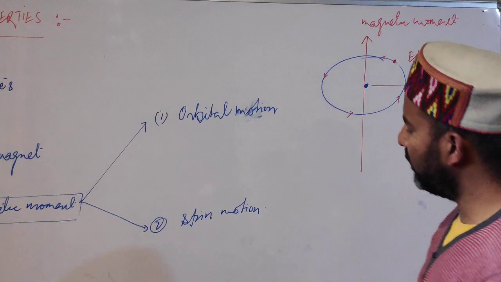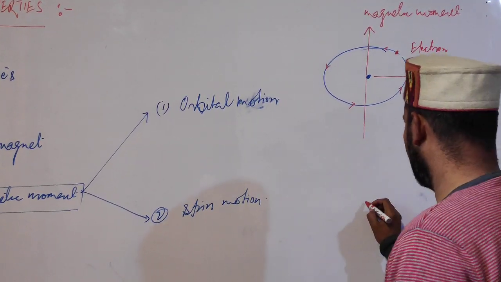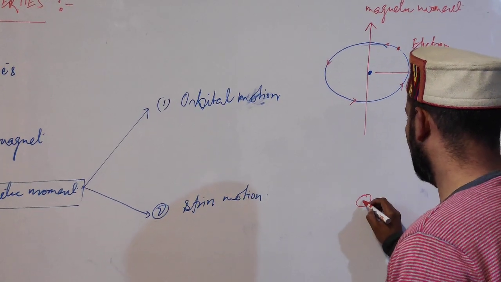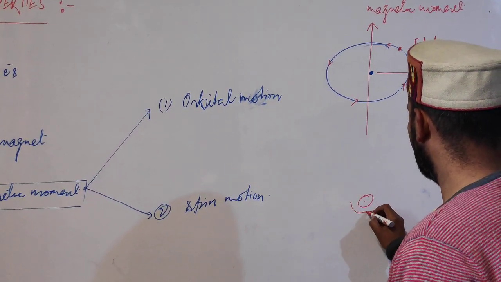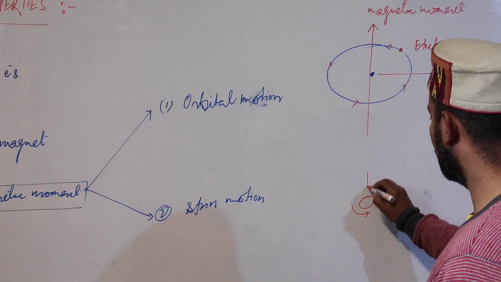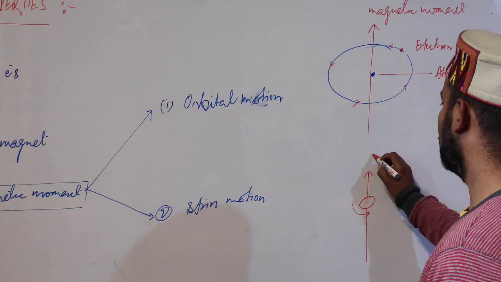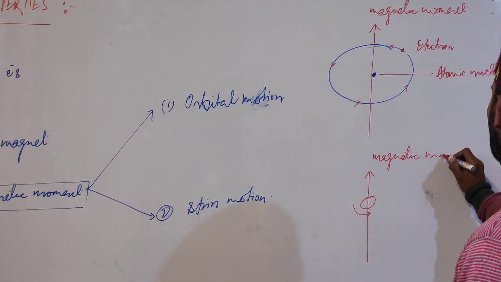Now students, secondly, we know that electrons also have spin motion about their own axis. So if this is the electron, then students, this electron can spin either clockwise or anti-clockwise about its own axis. So students, due to this motion also, electrons have a definite magnetic moment.